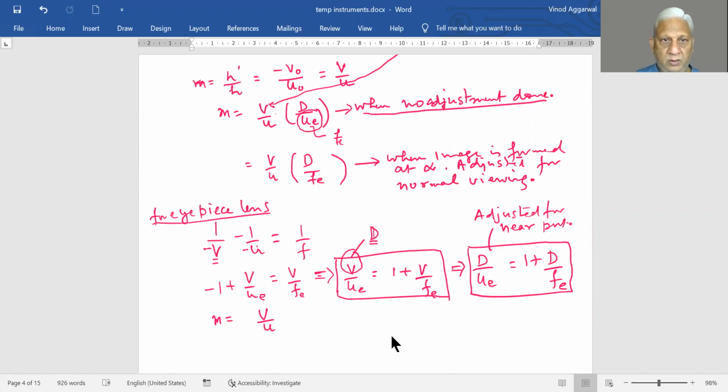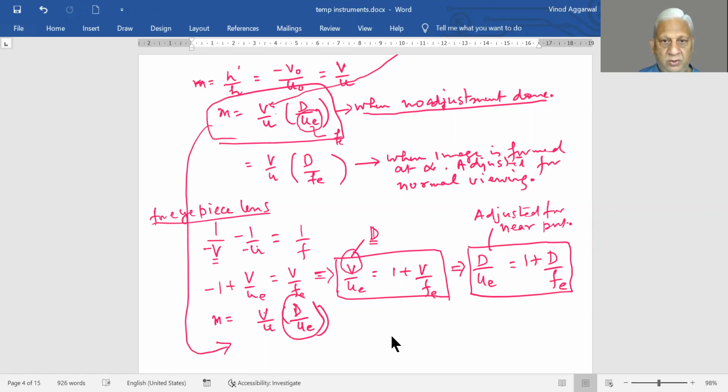Using this formula, magnification is V by U, D by UE, and we substitute D by UE from here.